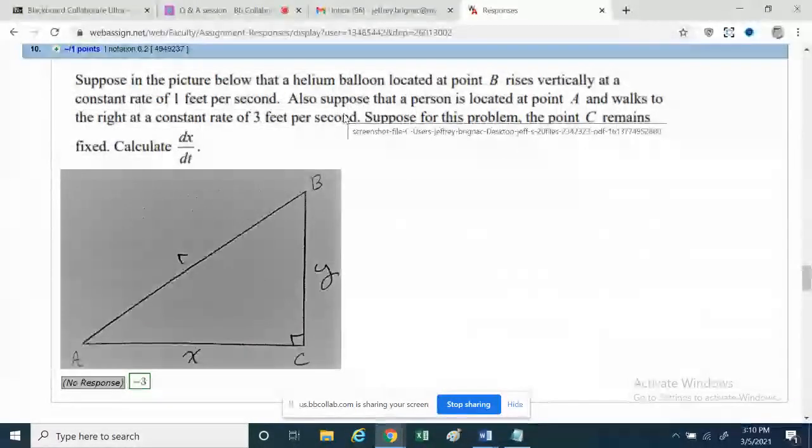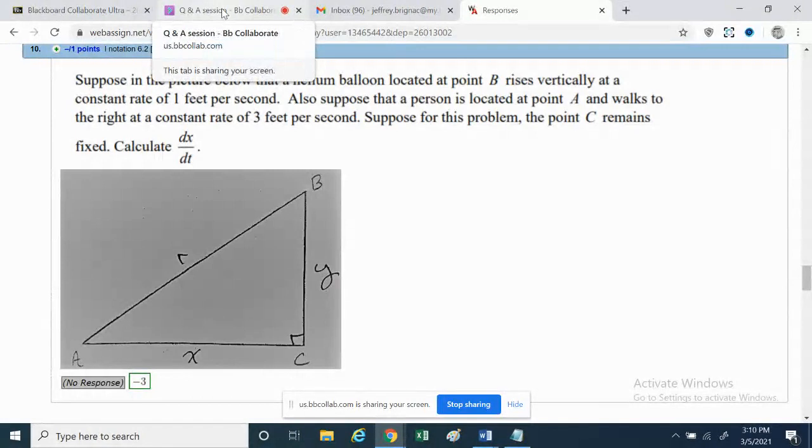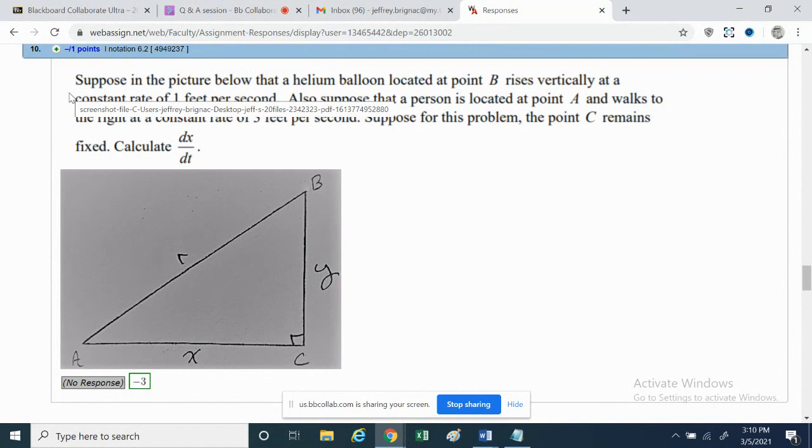All right. So can you see WebAssign? Can you see, in fact, question 10 on WebAssign? Yes, I'm going to it now. Well, you should be able to see it in Blackboard on our Q&A session. Oh, yeah, sorry. Okay, so you don't have to log in at all.